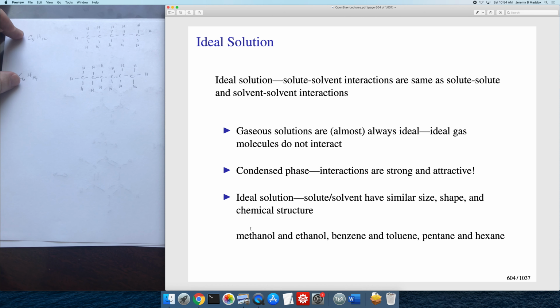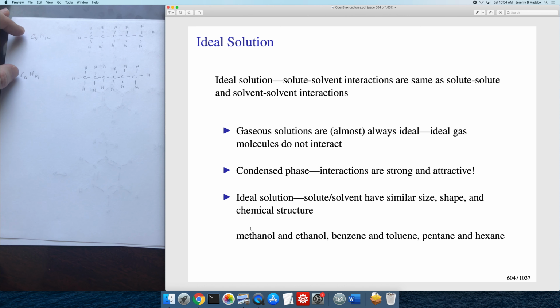What about interactions? I didn't mention interactions. I should have. Here, you wouldn't expect a dipole moment for these molecules, at least not a significant one. And so the pentane and the hexane, we would classify these as nonpolar molecules.